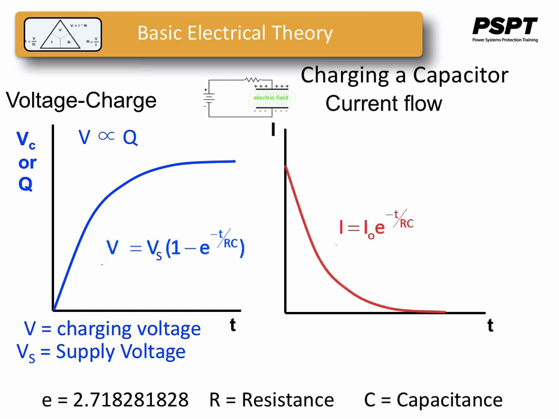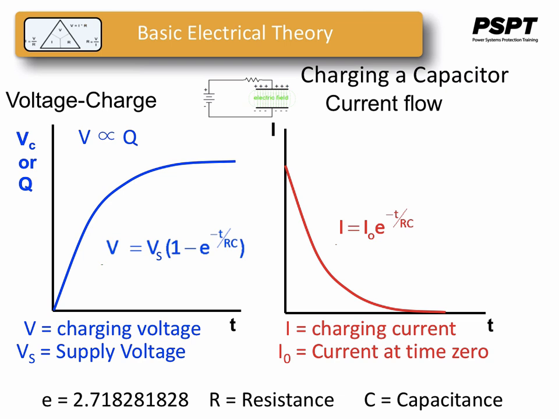Now, the current flowing to the capacitor will fall off over time, and eventually it'll go to zero as the capacitor is fully charged. This curve describes the current to the capacitor, and you can see at time zero, I is equal to I naught, which is the current at the beginning, when the switch is first closed to the discharged capacitor and it starts to charge.